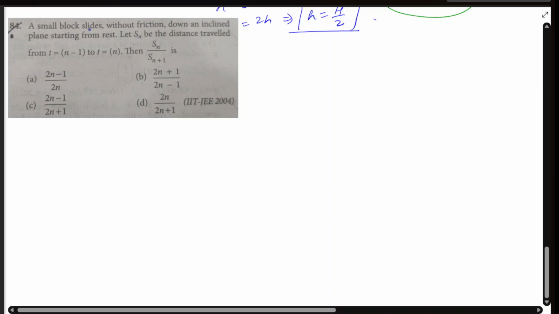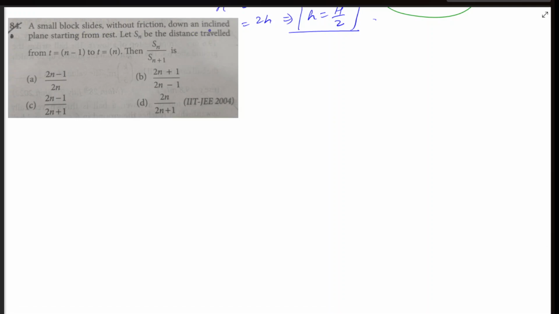Let's see. A small block slides frictionless down an inclined plane starting from rest. Okay. So Sn will be the distance traveled from t equal to n minus 1 to t equal to n. So this is the distance traveled in the nth second, right? But the problem here is the block slides on an inclined plane.